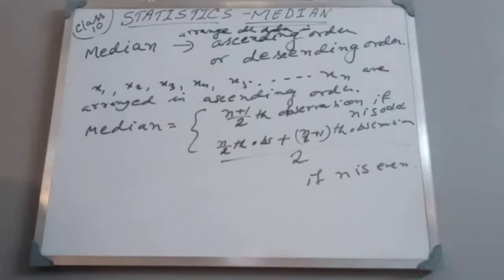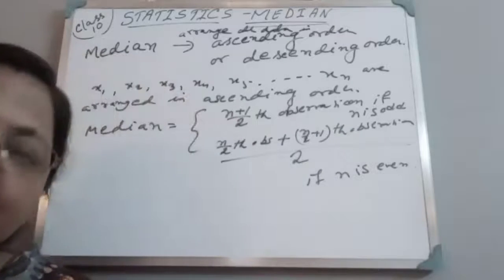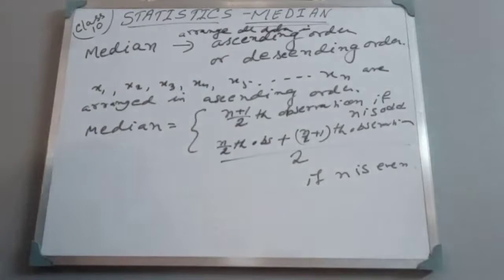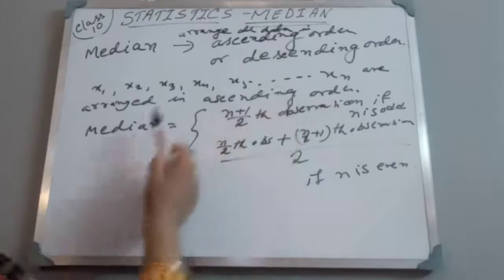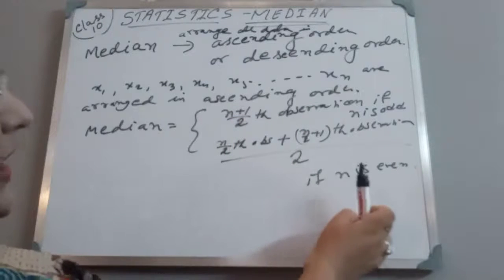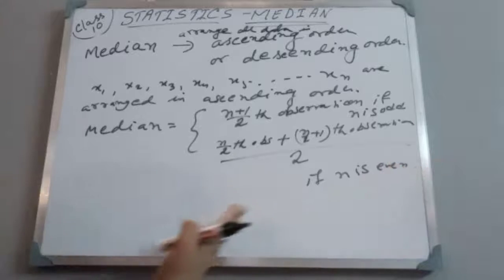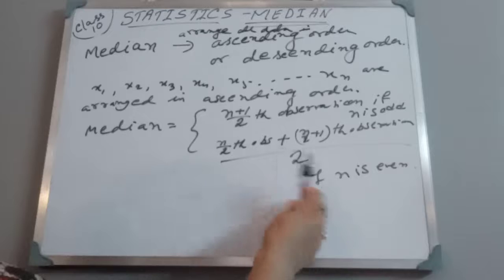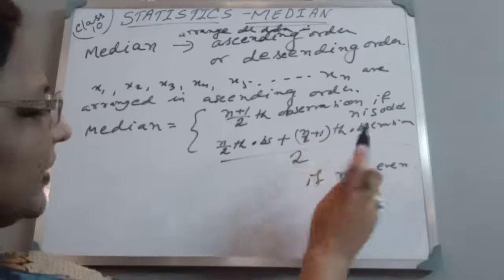Okay, so what do we get now? If there are n number of values where n is an odd number, then we can find the (n plus 1) by 2th observation as the median. And if n is an even number, say 4 values or 6 values or 10 values or 12 values, then the median is the (n by 2)th observation plus the (n by 2 plus 1)th observation divided by 2.